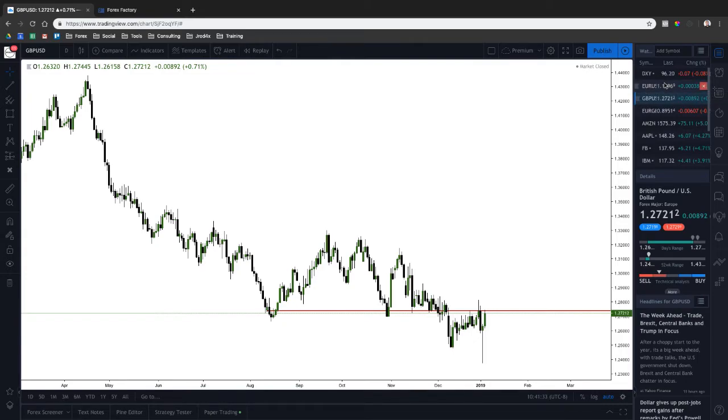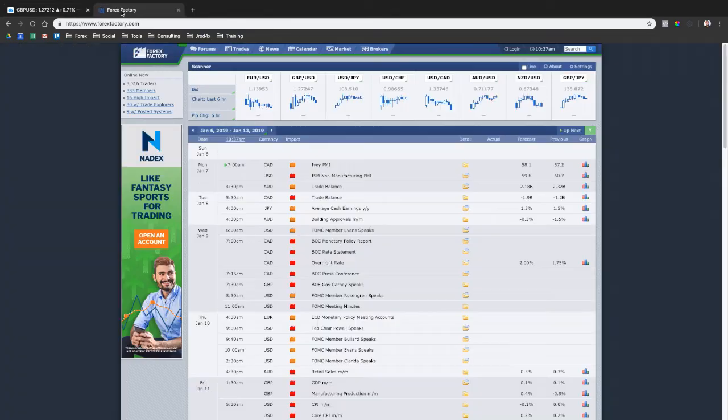Those are the bread and butter pairs for me. When dollar index is moving and they're moving, those two pairs are the most in sync with dollar index, in my opinion. Everything else definitely trades in sync with dollar index, but these two really reflect dollar index in a very easy to see and easy to interpret way for me.